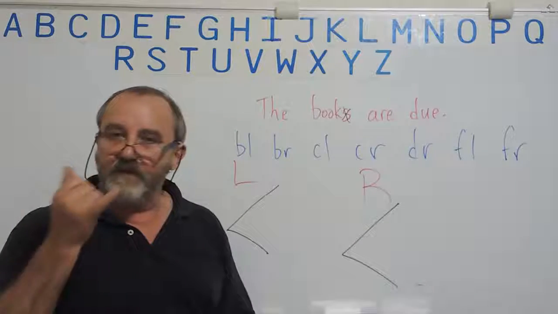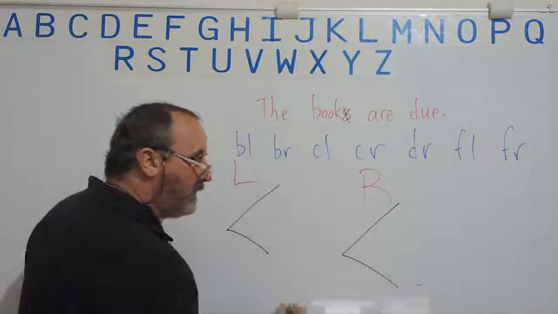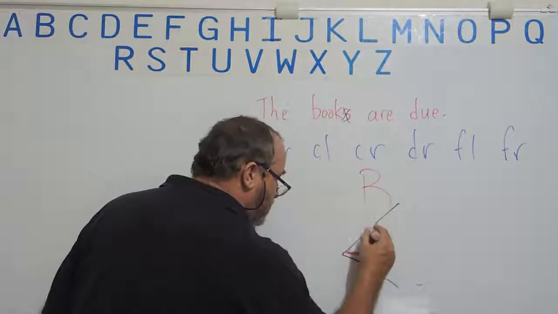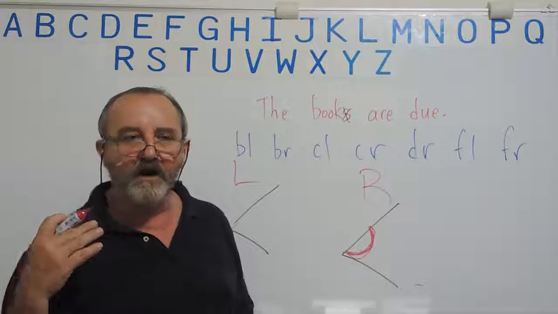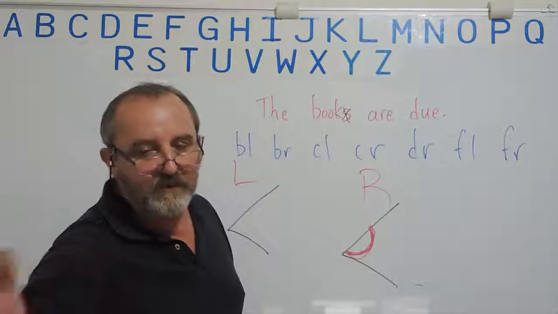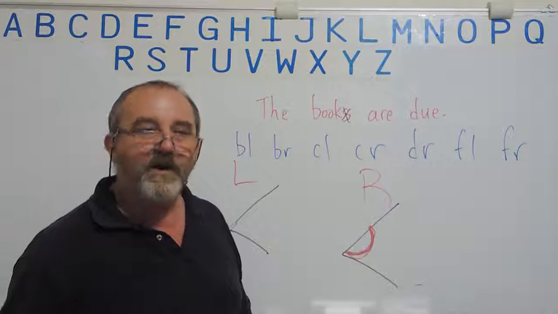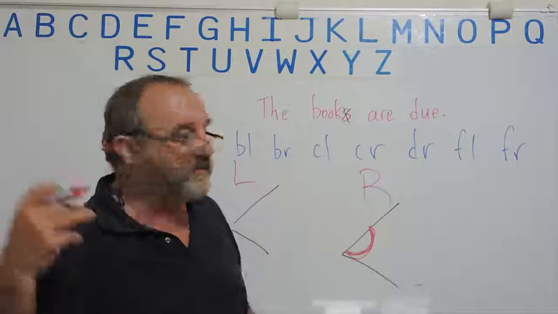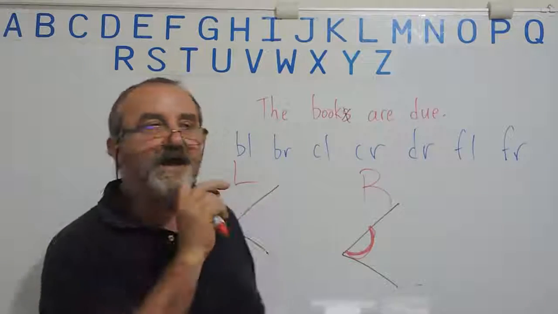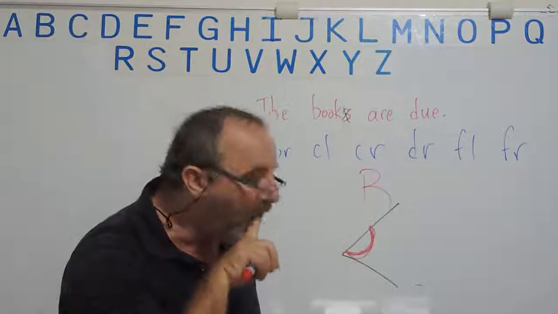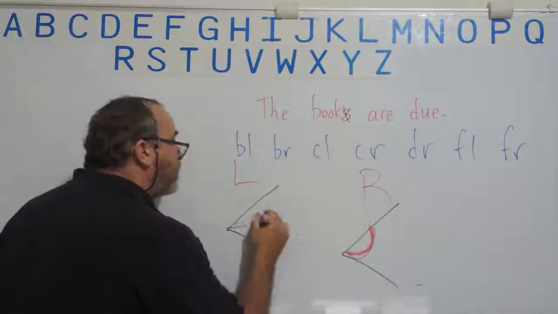So if this is my mouth, that is my tongue. And when I say R, I have to bring my tongue way back in my mouth. R. And then when we do that, R-controlled vowel, A, E, I, O, U, with an R, it sounds like the rooster waking me up in the morning. All right, and then the other one is the L. When I do the L, and when you do the L, you gotta bring your tongue right behind your teeth.